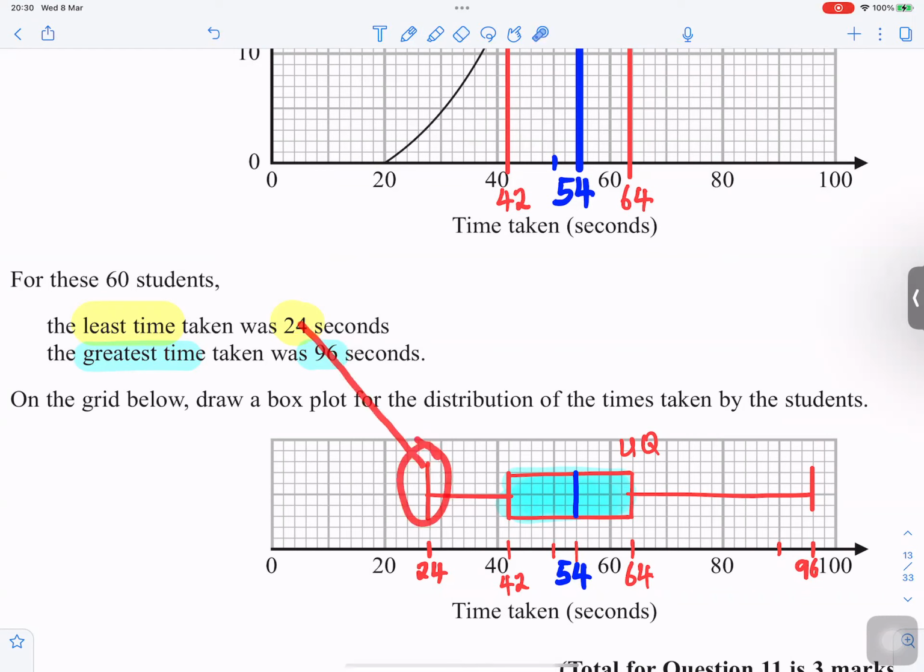The maximum value is 96, which we mark there. The lower quartile is 42, which we mark here. The upper quartile is 64, which we mark here. And the median is 54.